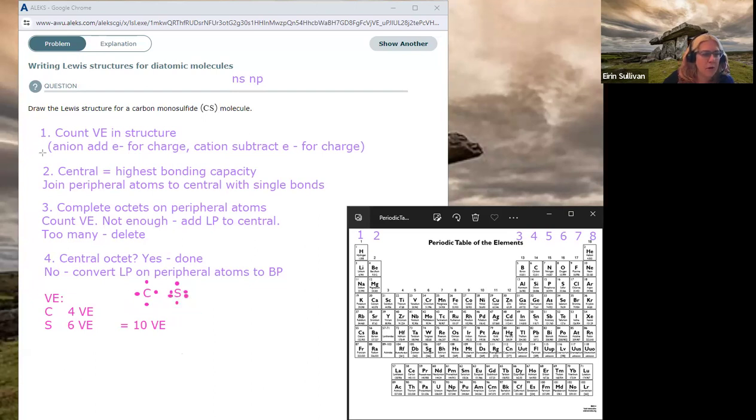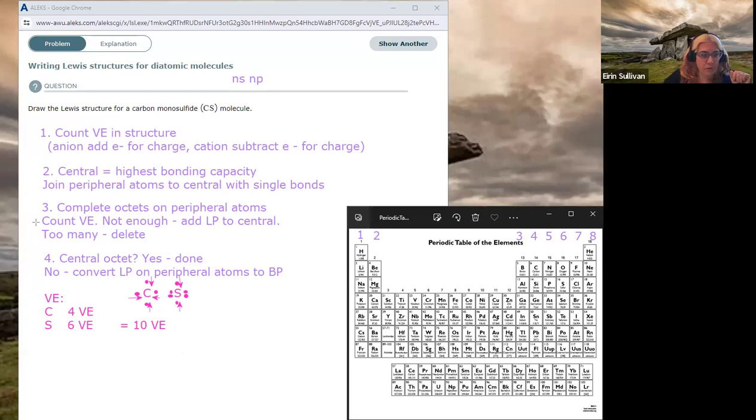In terms of spots where they want to form bonds, carbon has 4 places where it's going to want to share electrons, and sulfur only has 2. So carbon has a bonding capacity of 4, sulfur has a bonding capacity of 2, so carbon is going to want to be the central atom.